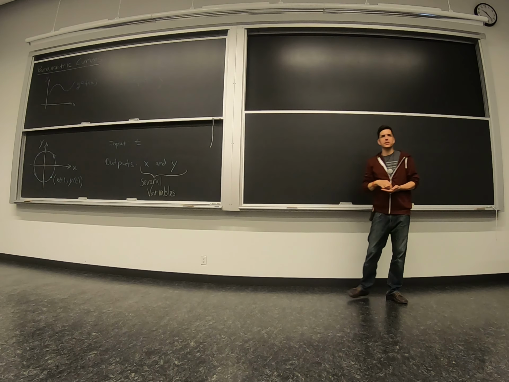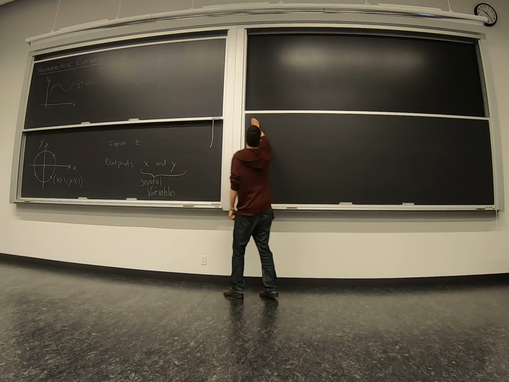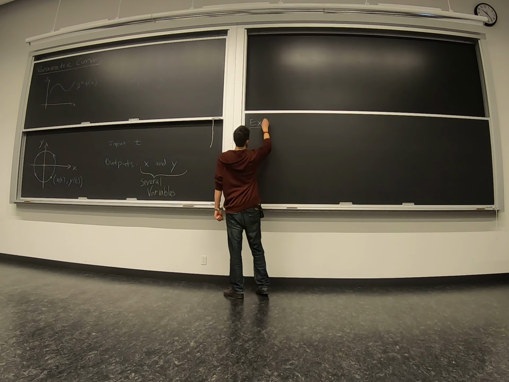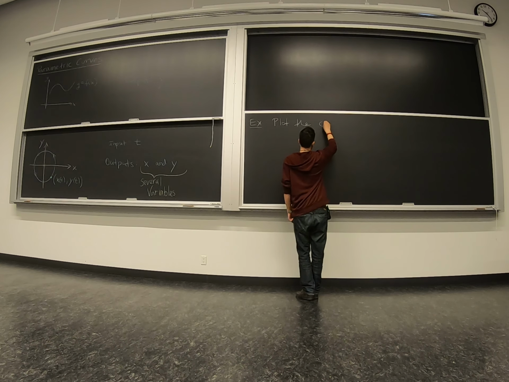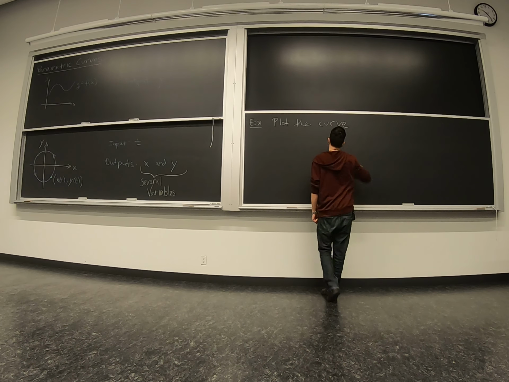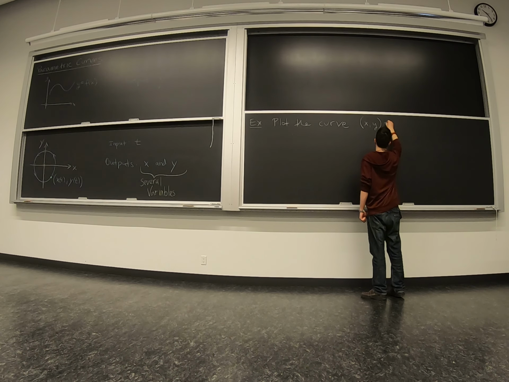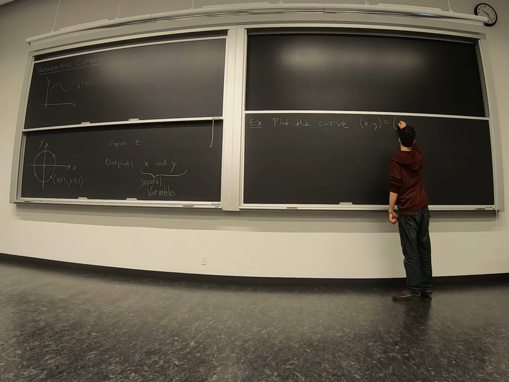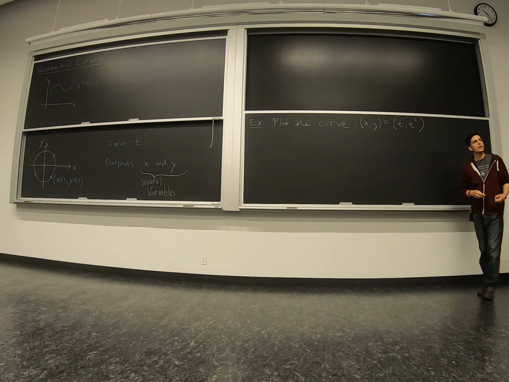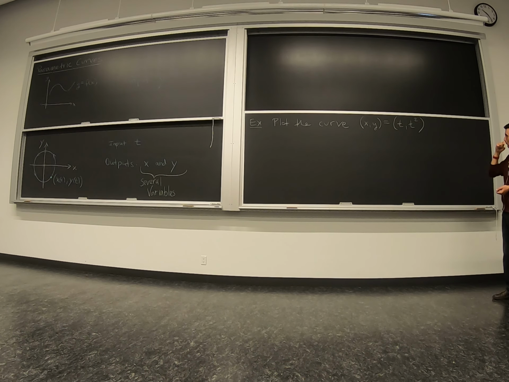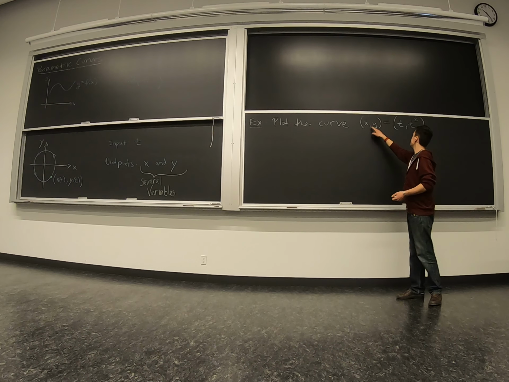So let's plot a specific example of a parametric curve. Here we're assigning both x and y at the same time.